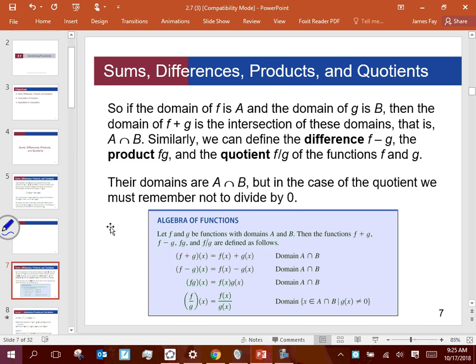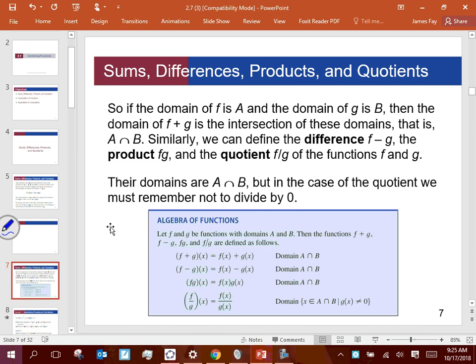But the idea is that if you're looking for output values, range values, then you're only going to develop range values when your input values work for F and they work for G at the same time.